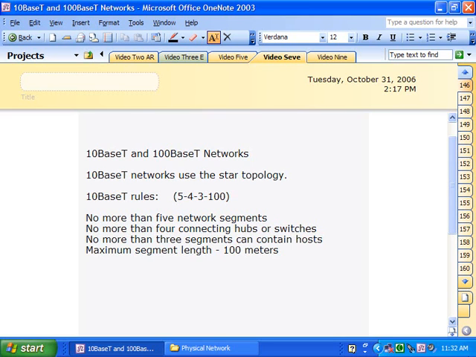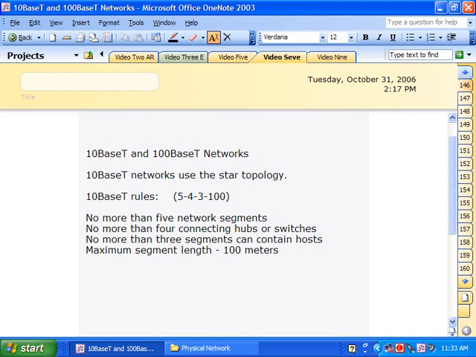This helps you and me to troubleshoot the network as network admins, because it's easier to troubleshoot a star than a bus or a ring. But the fault tolerance is also much higher in a star than a ring or a bus, so there's already a lot to like about 10BaseT. Because remember, in our star topology, when there's a fault in the cable or a port, the only host that is affected is the one using that particular cable or connected to that particular port.